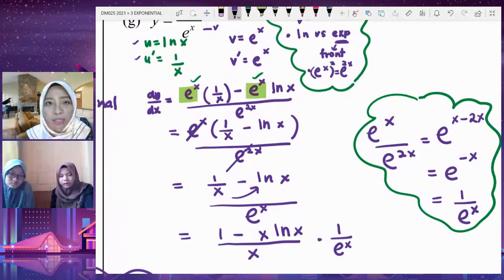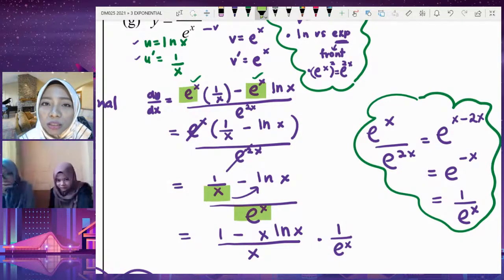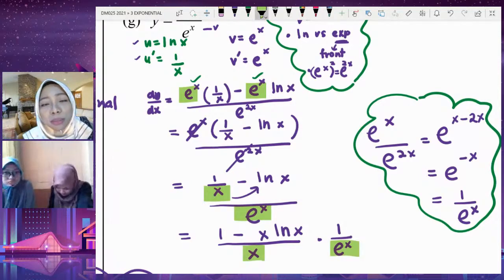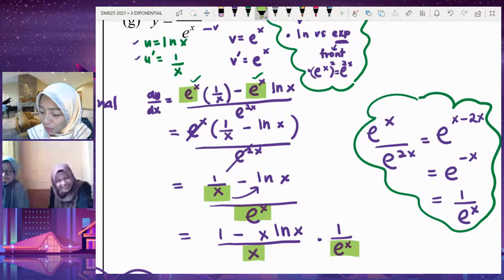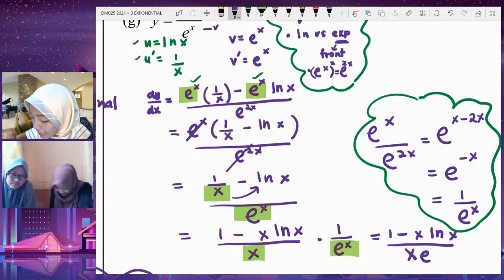Ataupun you boleh ingat, macam madam ingat ni golongan bawahan dengan bawahan. Mereka bertemu jua di pengakhiran. So bawah dengan bawah, nampak tu bertemu di pengakhirannya dua-dua golongan bawahan. Okay, so dia akan jadi (1 minus x ln x) over x e^x.